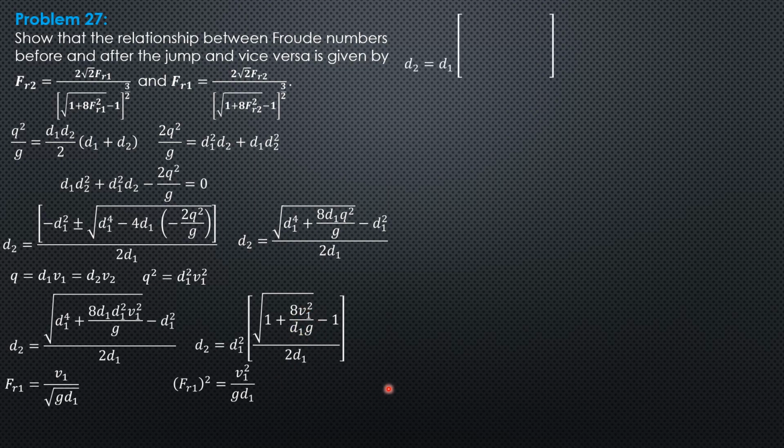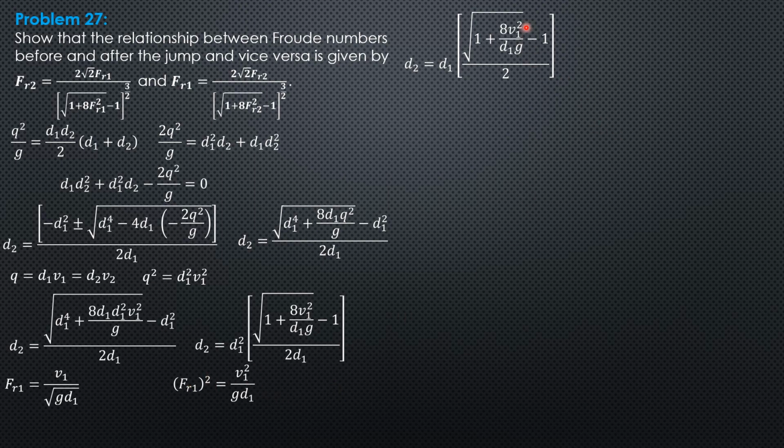So d2 equals d1 from here, because we can cancel d1 also, d1² over d1. So d1 over 2, then the square root of 1 plus 8, and we haven't yet replaced v1² over g d1 by Fr1², minus 1.